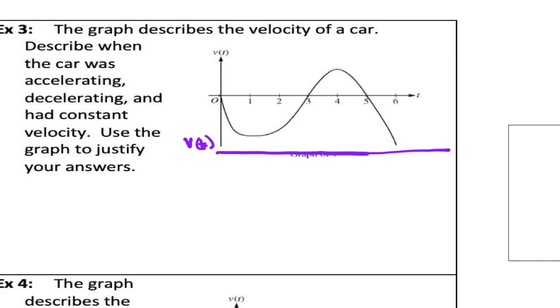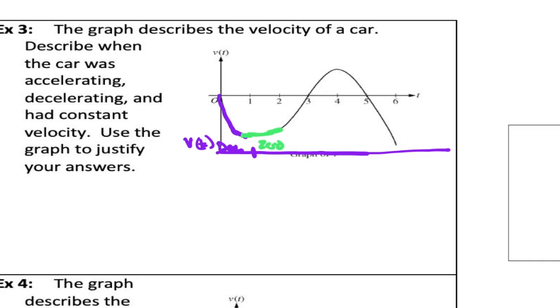So as I'm looking at my velocity graph, it seems to be decreasing until I get to 1. You might disagree with this, but it's a little bit flat between 1 and 2. So it's not really decreasing or increasing there. I'm going to call that close to 0. It's for demonstration purposes.